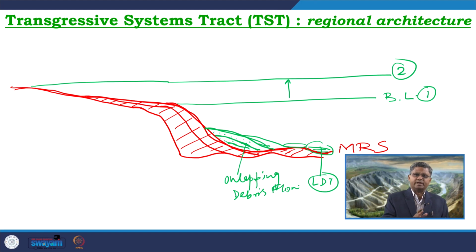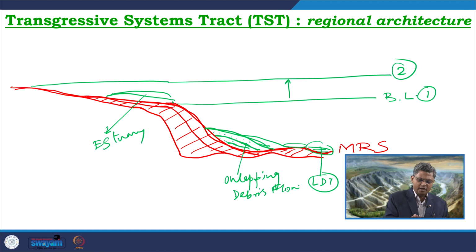The next deposit that we can record in the sedimentary successions is in this area, where the delta system which was present over here will try to onlap in this direction, and that will commonly form an estuary in this area.